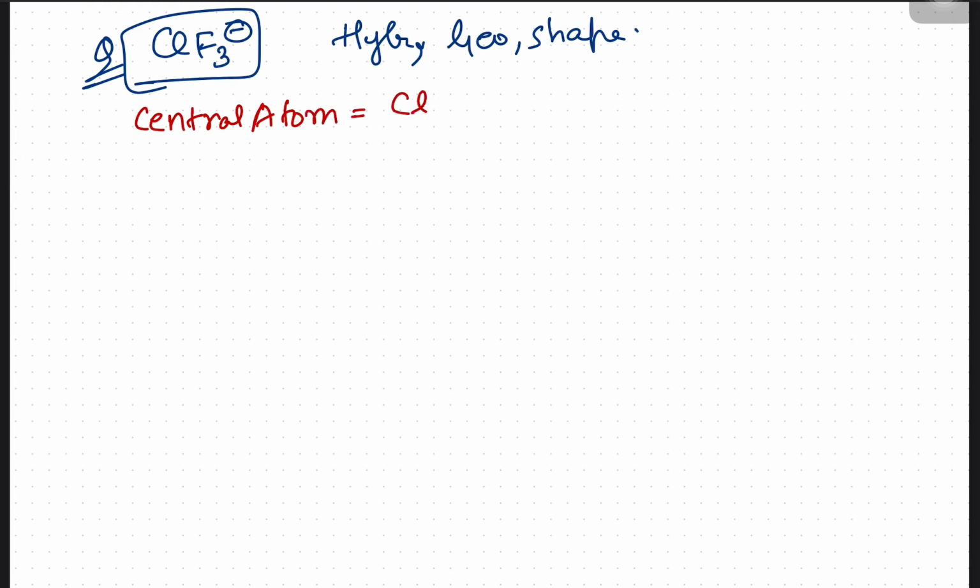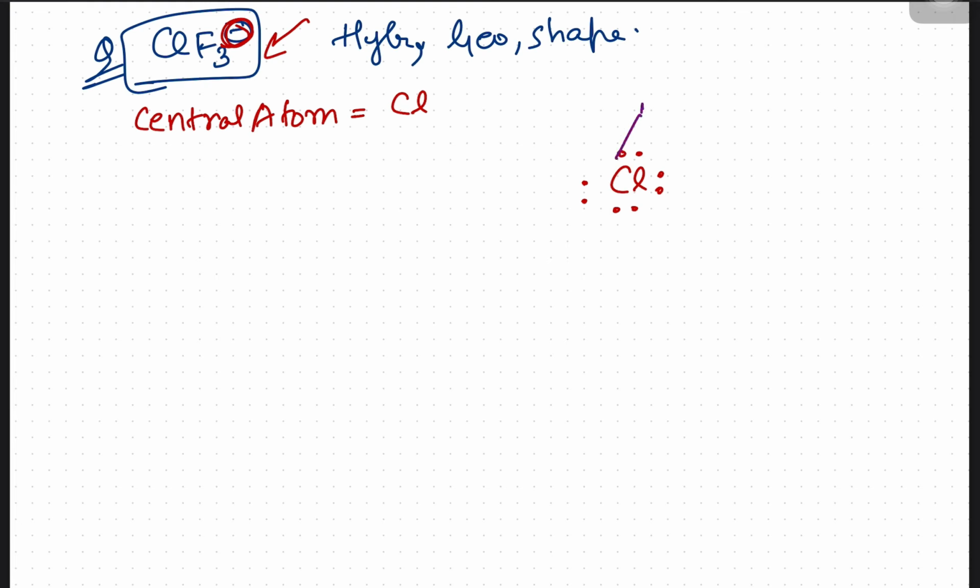We know it belongs to the halogen group family, so it will have valence electrons 7. Now it is having one extra charge, meaning it has gained one electron, so the total electrons around the chlorine will be 8.